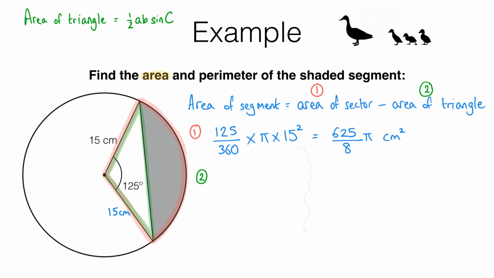And here we've got two sides and the angle between them. And using the formula that the area of a triangle equals a half ab sine C, we get that the area is going to be a half multiplied by 15 multiplied by 15 multiplied by sine of 125.